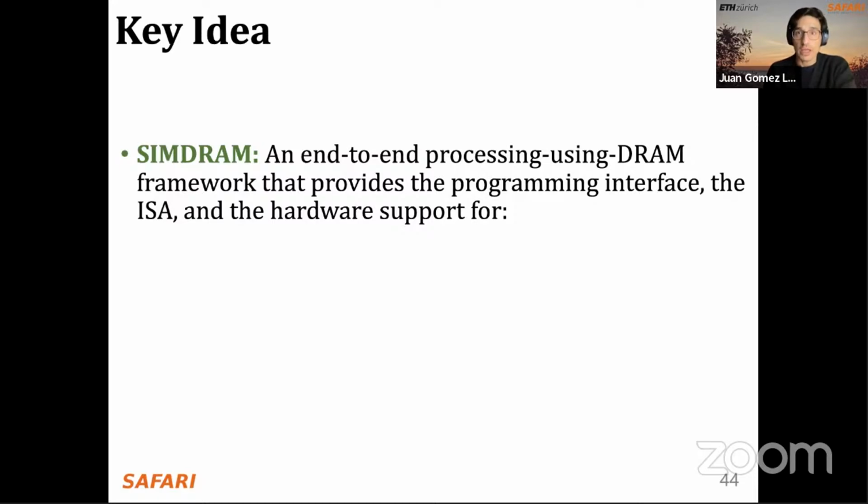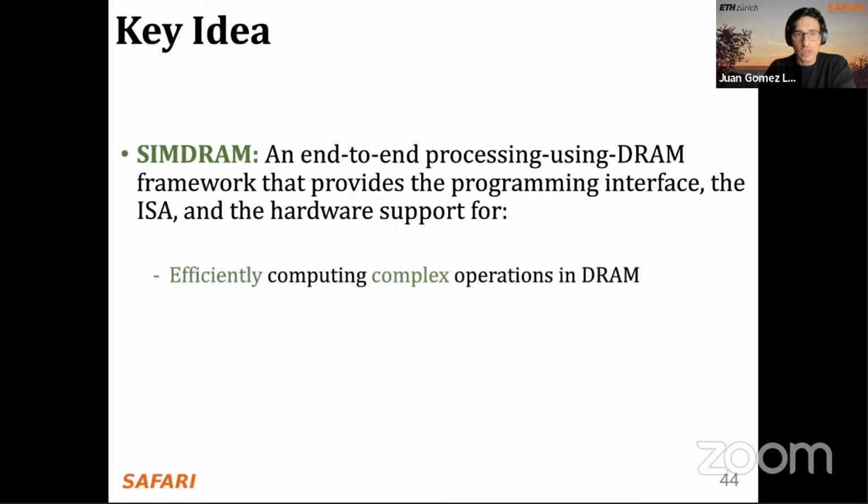We need to have an intelligent or extended memory controller that is able to understand these new instructions added to the instruction set architecture and send the corresponding commands to DRAM to execute either row copies or bitwise operations, like logic or arithmetic operations, as we will see.